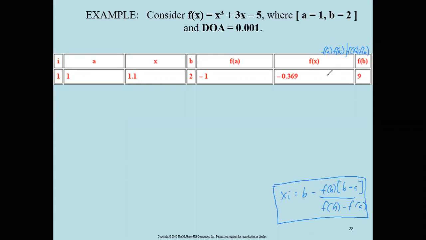So f of a is negative, f of x is also negative, so we expect that this is positive. f of x times f of b is negative. So we expect that the root lies in the upper interval between x and b. So for the next iteration, we need to set this value of x to be the new a, and we have to retain the value of b as 2, no?